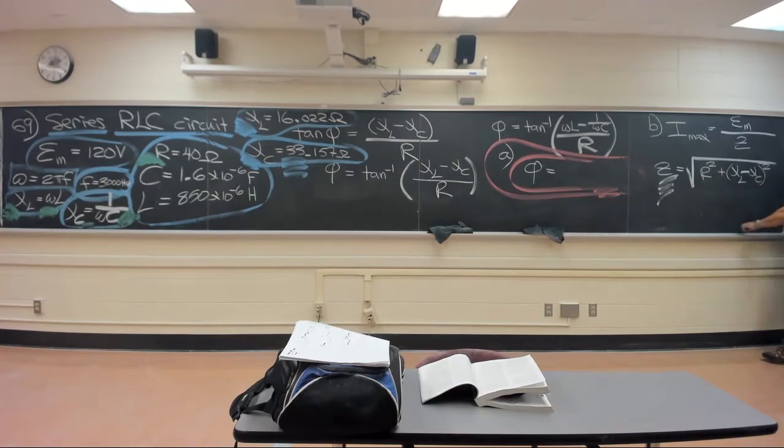Negative 17 squared is 289. R squared is 40 squared. That's 1600. Yeah, it shouldn't have been that far off, you guys. So when you do this, you get 1889.